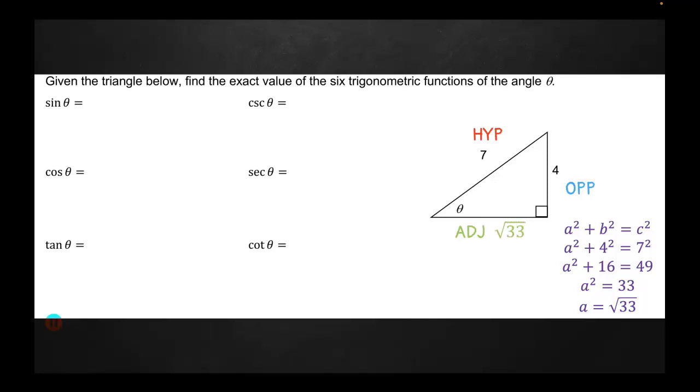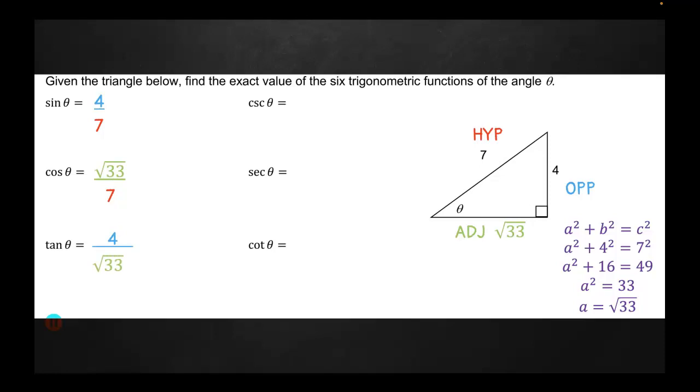Now that you have all 3 sides, we can use SOH CAH TOA to figure out what our sine, cosine, and tangent are. Sine was the opposite over the hypotenuse, so 4 over 7. Cosine was the adjacent over the hypotenuse, and tangent was the opposite over adjacent.